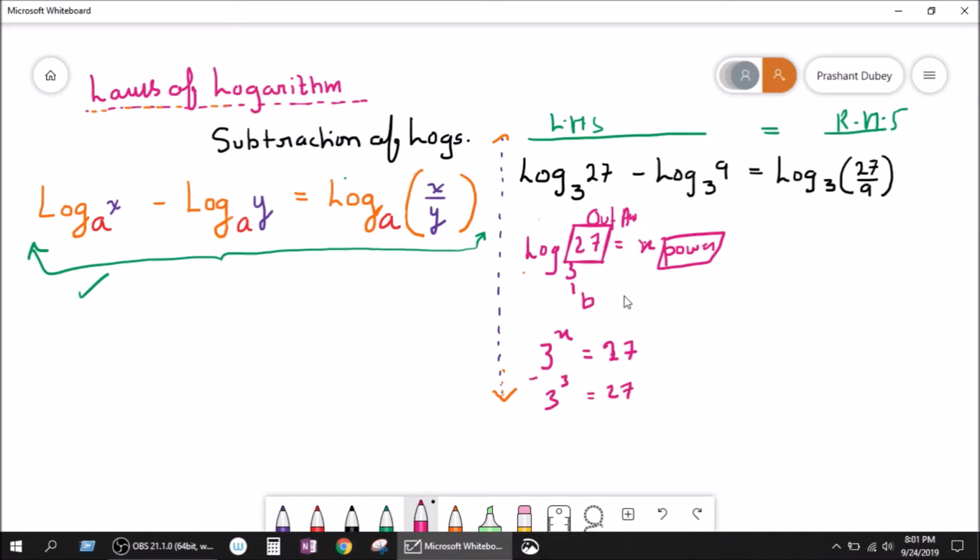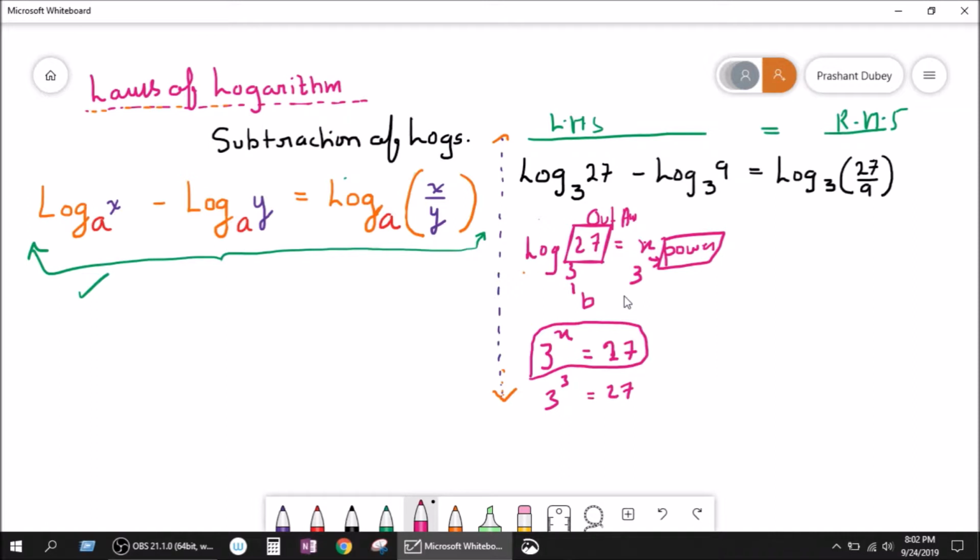I mean, you don't need log to find this out. It's pretty simple. It's 3 times 3 times 3, so 3 to the power 3 equals 27. So we know that log 27 to the base 3 is equal to 3, so x is 3 because x is the power. And if you don't know how to convert between index form and log form, I've already done a video.